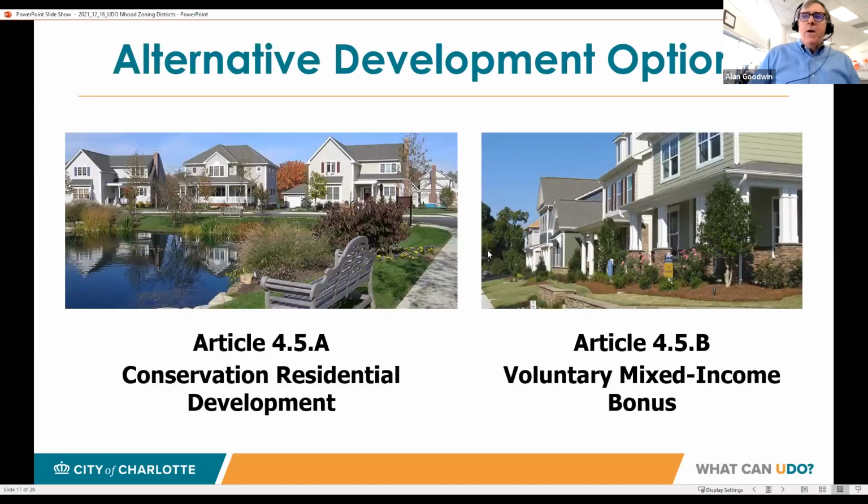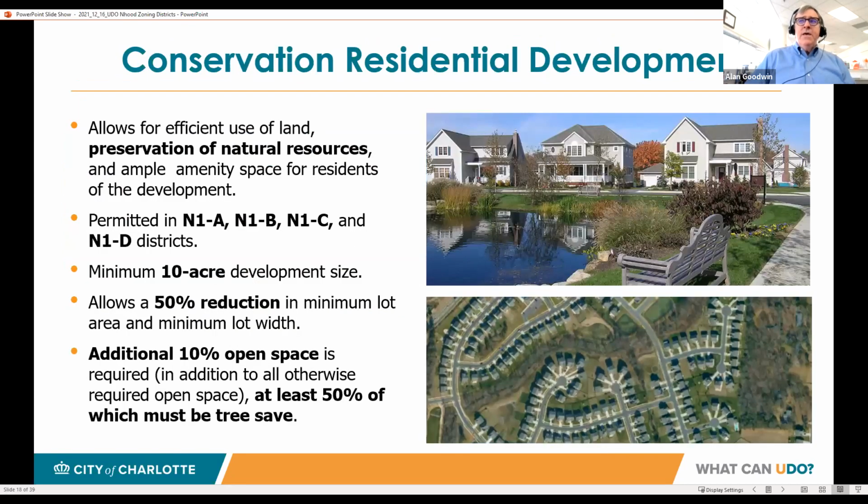So I want to talk about a couple of alternative development options that are available in the neighborhood 1 zoning districts. We have a conservation residential development, which is Article 4.5A, and a voluntary mixed income bonus option, which is 4.5B. These are similar to things that we have today.